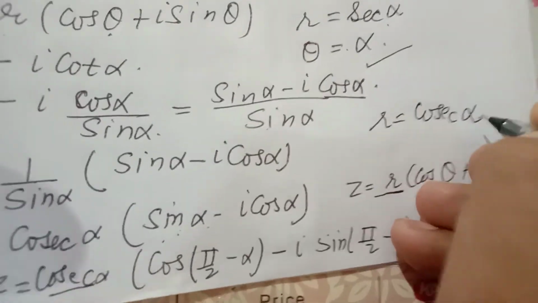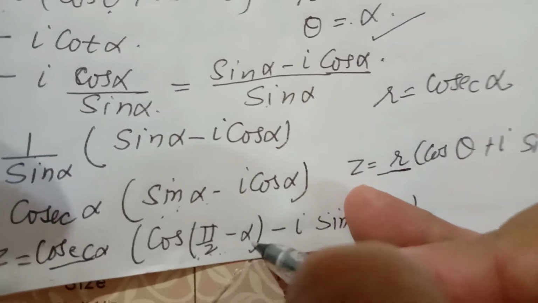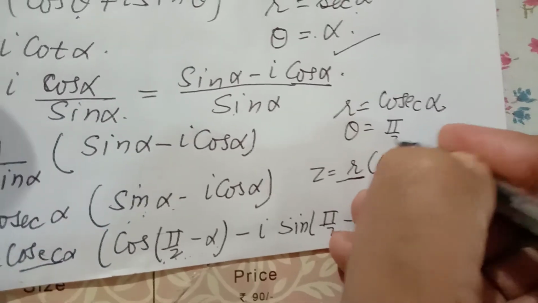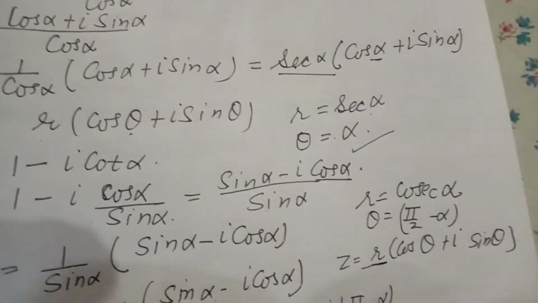This is our modulus value. And what's our argument value? The argument value is pi by 2 minus alpha, because theta value is pi by 2 minus alpha.